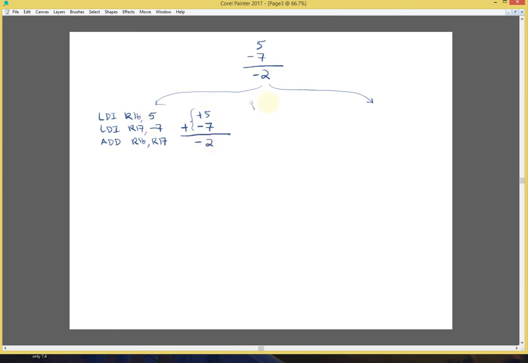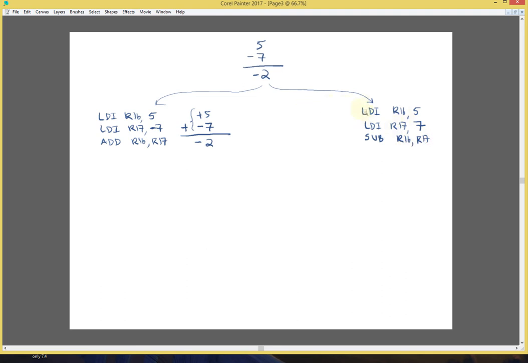Or we could do this: load R16 with 5, and load R17 with +7. Notice that here we use +7, not -7. Then I invoke the subtraction instruction, SUB R16, R17.